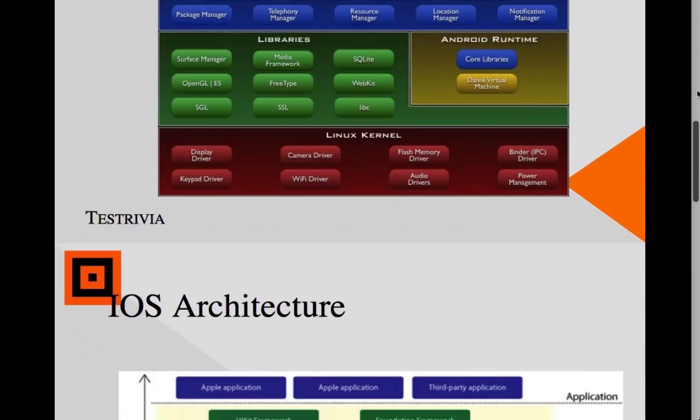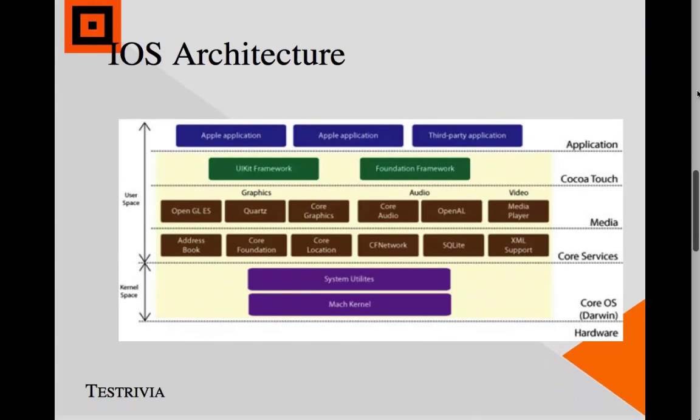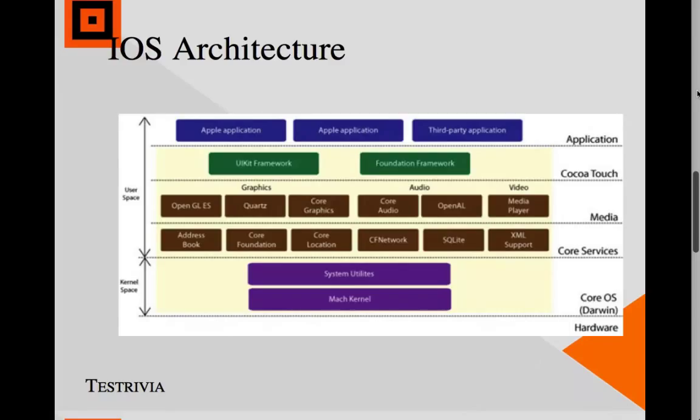So I'll show you the iOS architecture now, and you can see the Apple applications and third-party applications at the top. Apple applications are the Safari browser, the phone book, the settings, or any other application that the OEM itself makes.